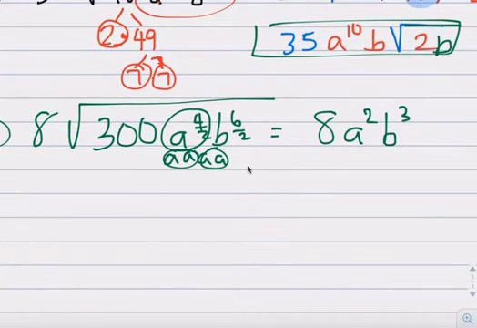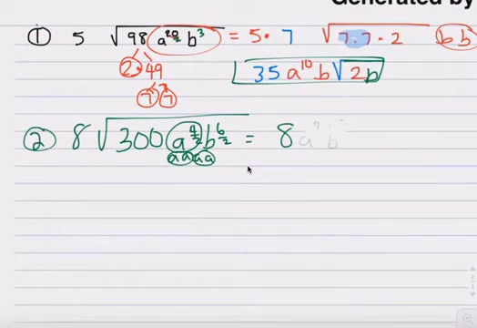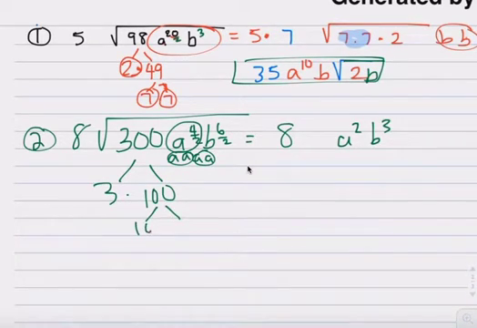Right? That got you that. Oh, I need to leave room because of the 300. a squared, b to the 3rd. 300, 3 times 100. Oh look, 10 times 10, I can stop. I got a pair right here. So the square root of 300 is 3 times 10 times 10.